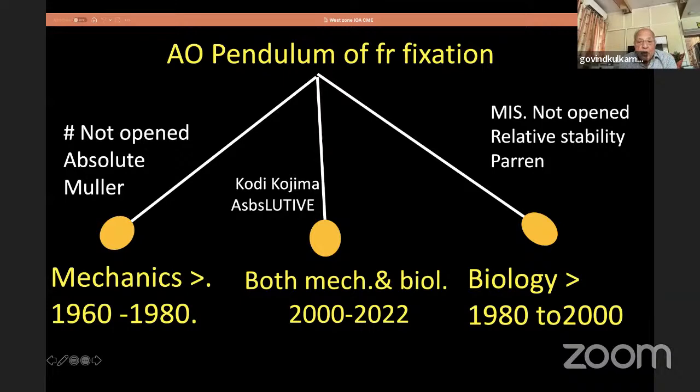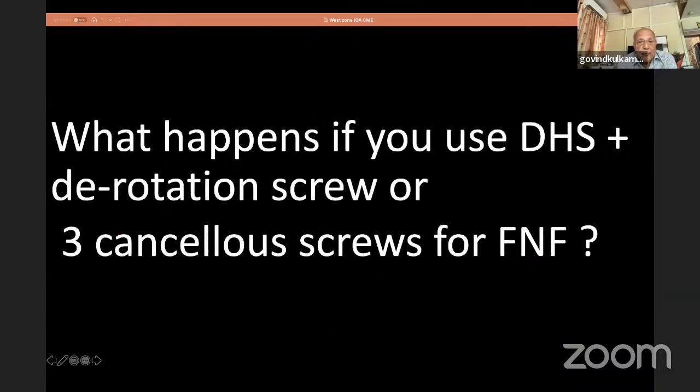And Kojima of Brazil in 2017 introduced a concept of absolute stability, in which there is both mechanics and biology, both are equally important.